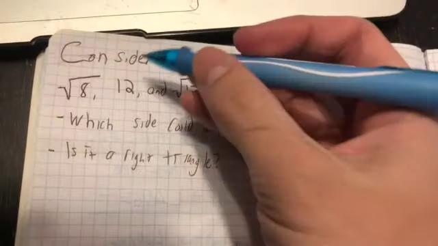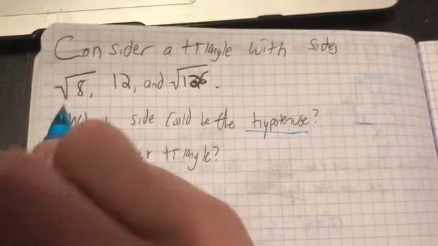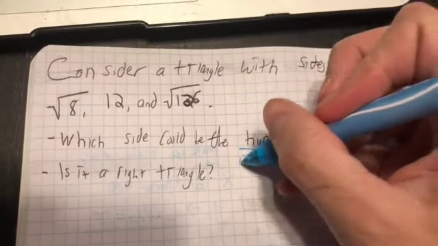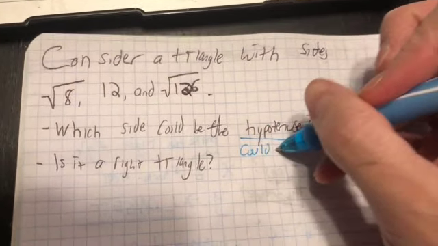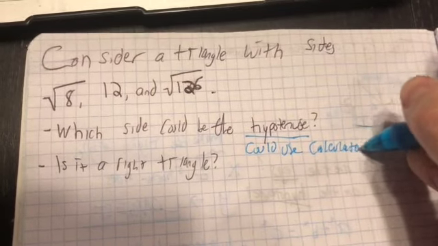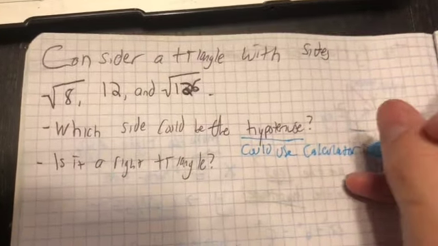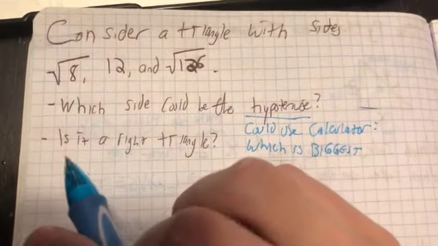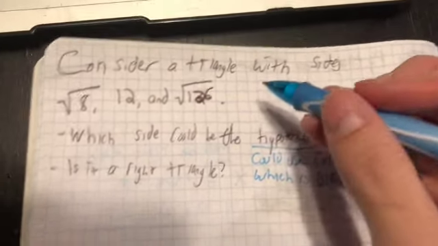All right, so let's think about our strategy from before so we can do this in our heads. Again, you could just use the calculator and ask yourself which is biggest, and that'll certainly tell you. That's no problem. Or I can use my number sense.